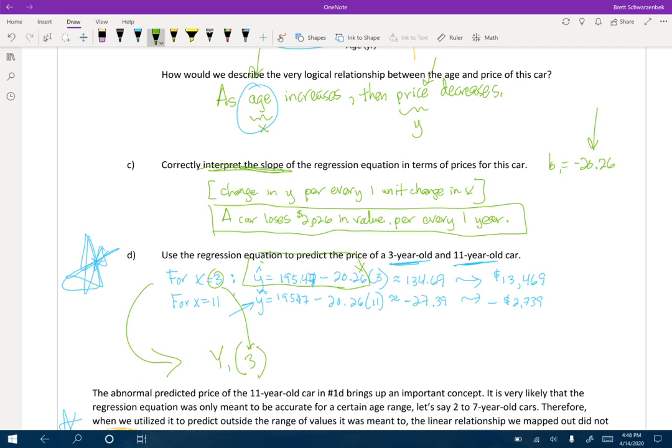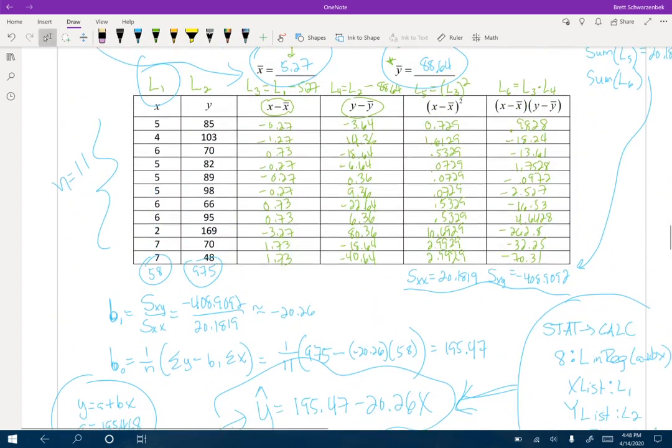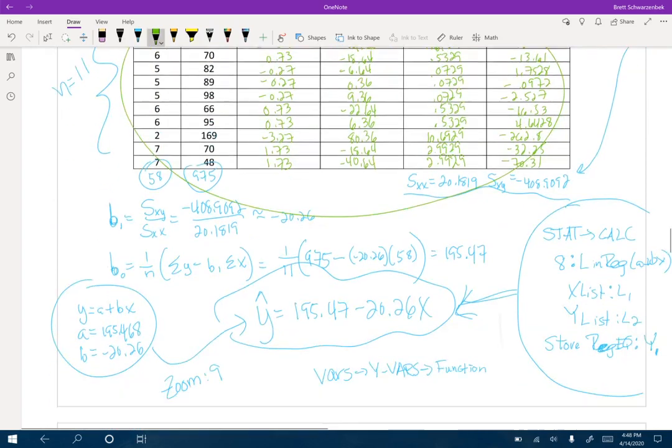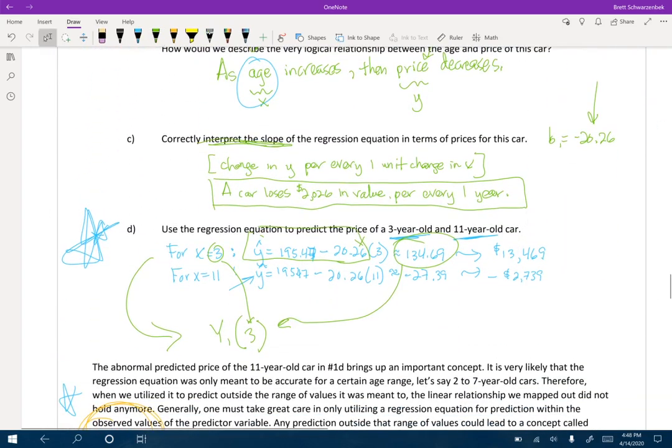If you do that for your problem, you are going to get a more accurate version of 134.69. It could be exactly that. We might not have that much error in our problem because we did all this using the calculator in the table, but you're going to get the most accurate evaluation of that equation. I'm just trying to give you as many shortcuts as possible using the calculator so that you can verify your work, but that is another way to do it.